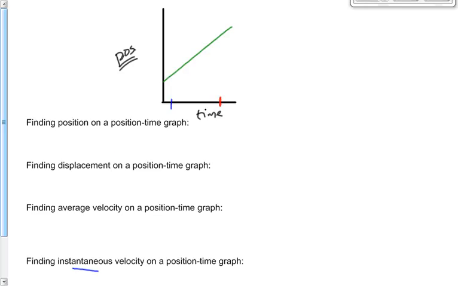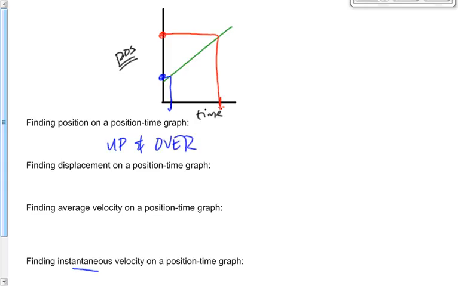Go up and over. Look at the time here. Go up to the line, over. That's the position at that moment in time. What about at this moment in time? The position is different, right? Because you're moving at a constant velocity. Well, let's go up and let's go over. The position at that moment in time is that value right there. All you're going to do is go up and over.